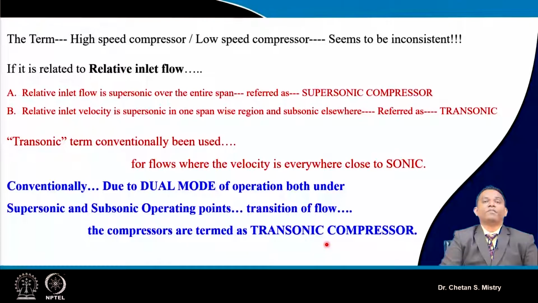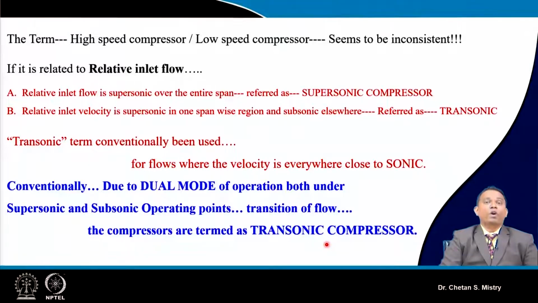We can say the LP compressor is rotating at low speed, and the HP compressor is rotating at high speed. So this low speed and high speed terminology does not come into the picture when we are discussing such configurations.